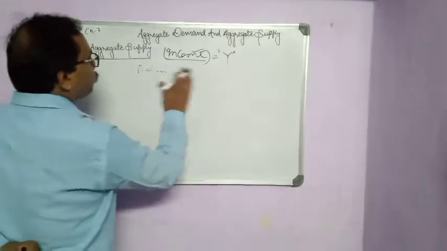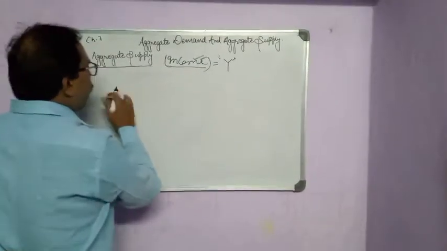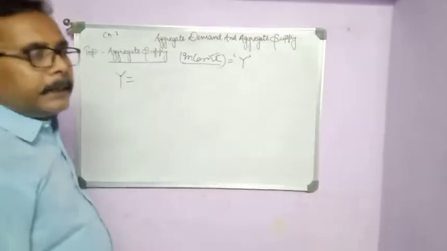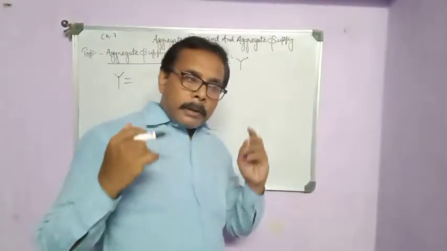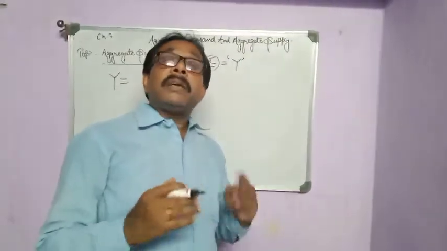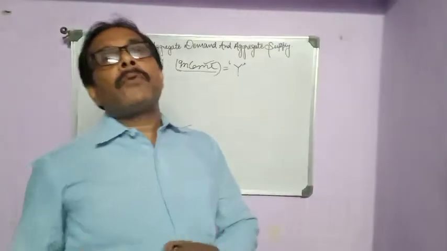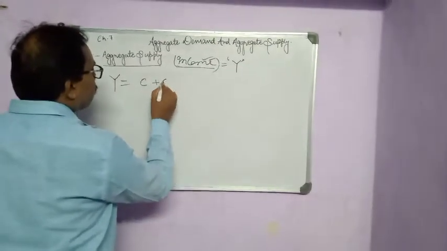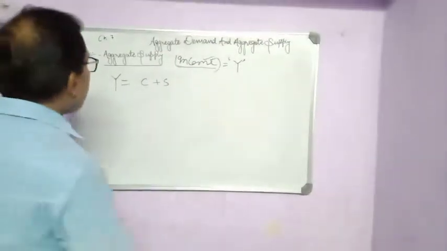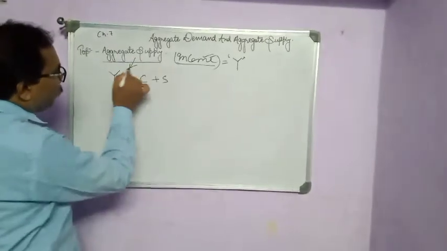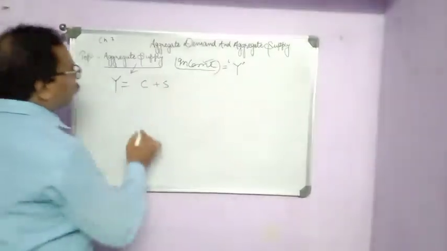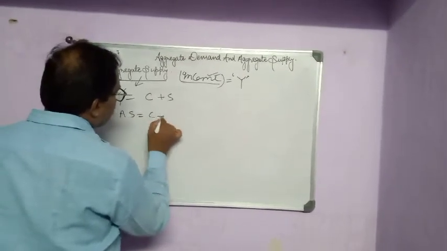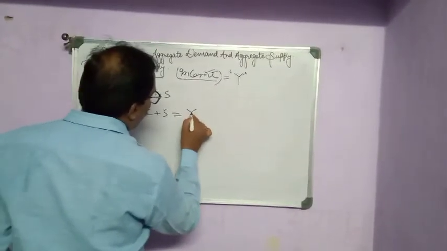Now, whatever income is generated is used either for consumption or for saving. So Y is equal to C plus S, and aggregate supply helps to generate income. So we can say AS is equal to C plus S is equal to Y.